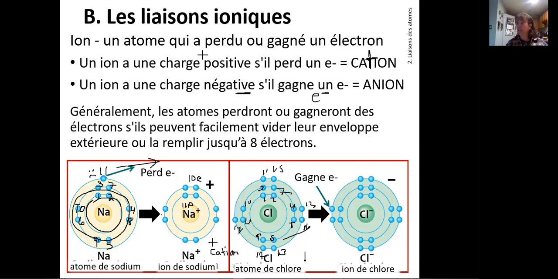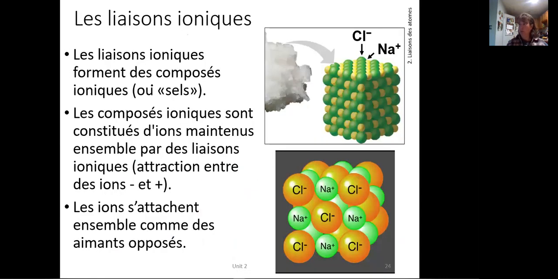Chlorine has 17 electrons. So this electron wants a friend. Where is it going to find it? It's going to get it from this sodium. What happens when it does that? They form a bond. They form an ionic bond.